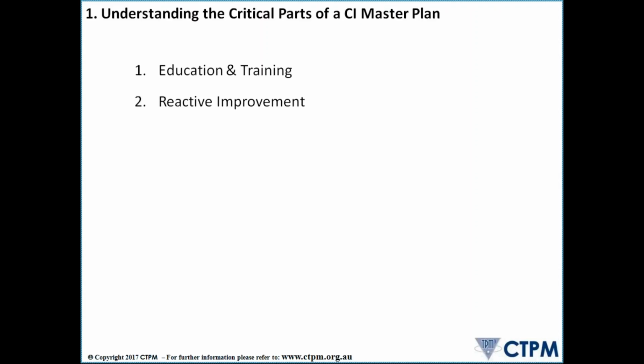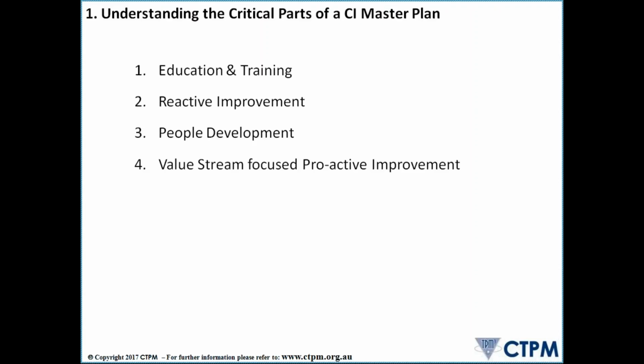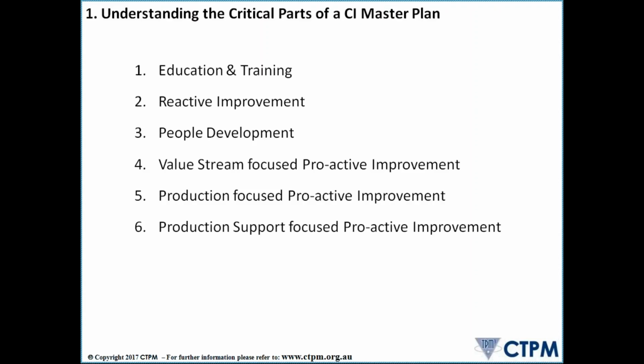We see we need reactive improvement, so reactive improvement is the effective daily review meeting, etc. We need people development, value stream focused improvement activities, production focused improvement activities if we're going down and trying to get the TPM working, value streams if we're trying to get the lean working and the processes sorted out.